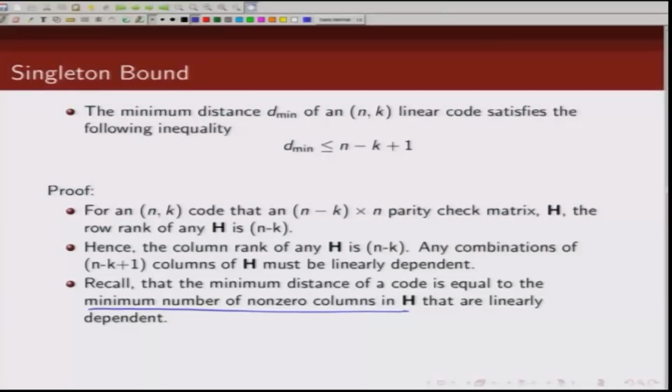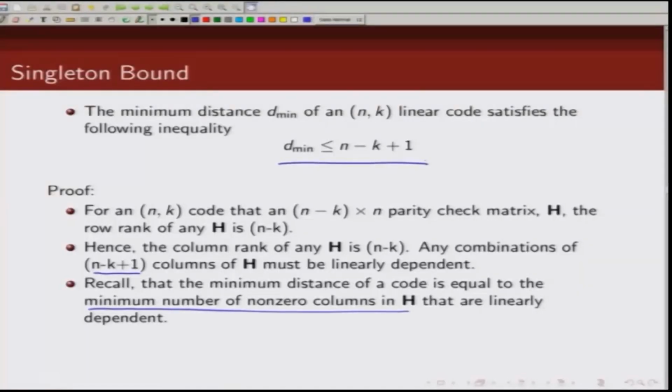So, what we have seen is that n minus k plus 1 columns of the H matrix add up to 0 because they are linearly dependent. Why? Because the column rank is n minus k, and if n minus k plus 1 columns add up to 0, that means the minimum distance can be at most n minus k plus 1. Hence, we prove that the minimum distance of a linear (n, k) code is upper bounded by n minus k plus 1.